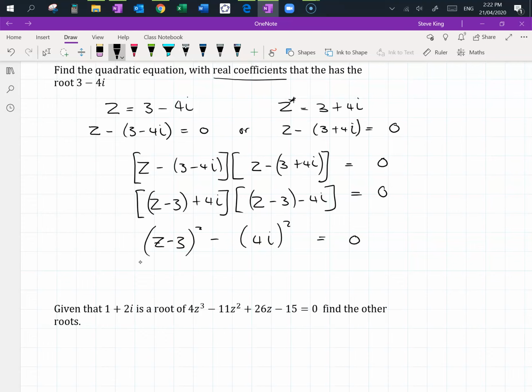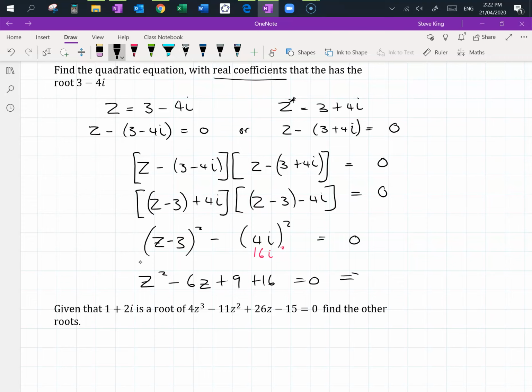If I expand this out now, I'm going to have z squared minus 6z plus 9. (4i) squared gives me 16i squared. I'll do it in red over here because it's what's happening in our head. i squared is minus 1, so instead of having minus 16i squared, I've got plus 16.